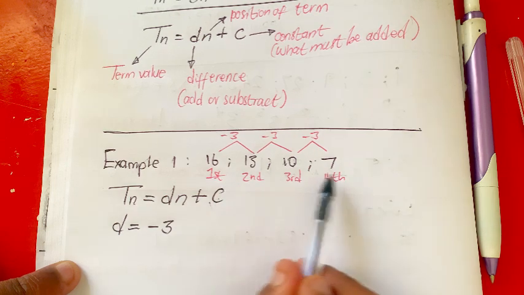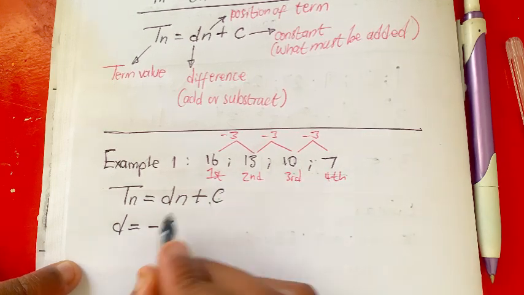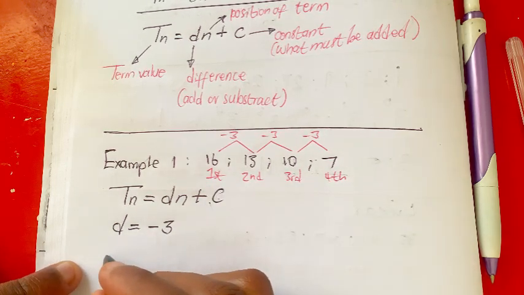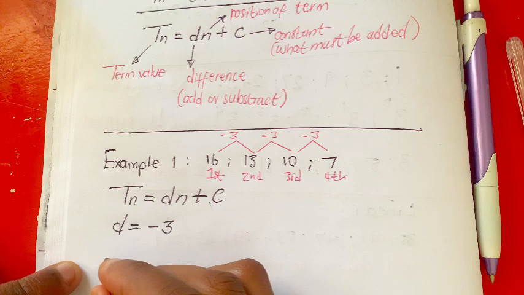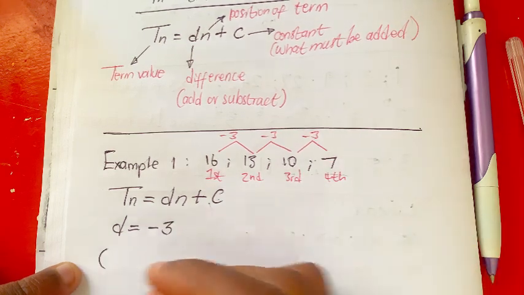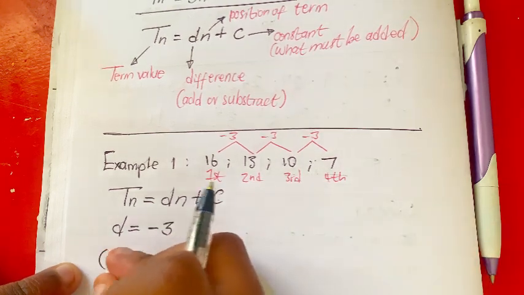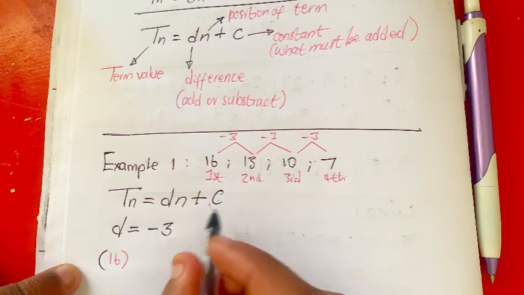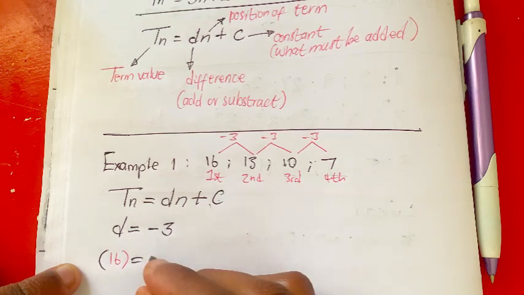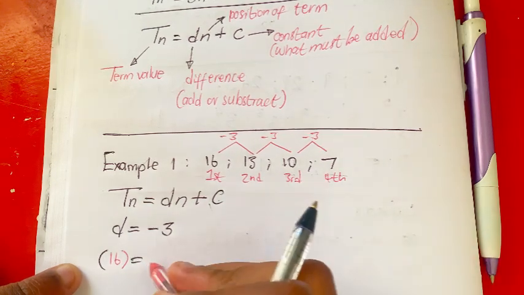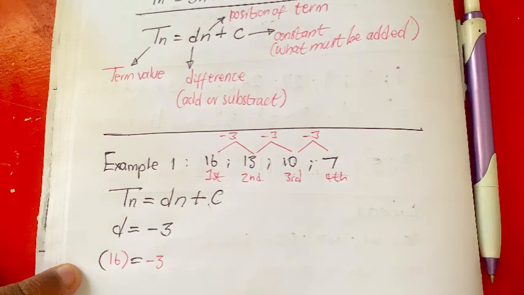So now we can choose any. Let's say we choose the first one. The value is 16. We are using this formula. The difference is -3.